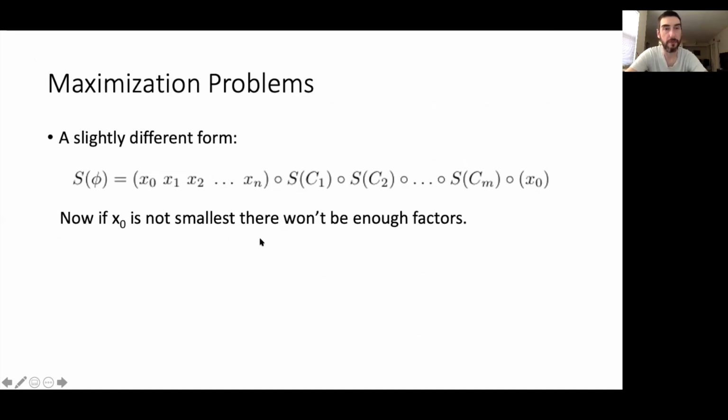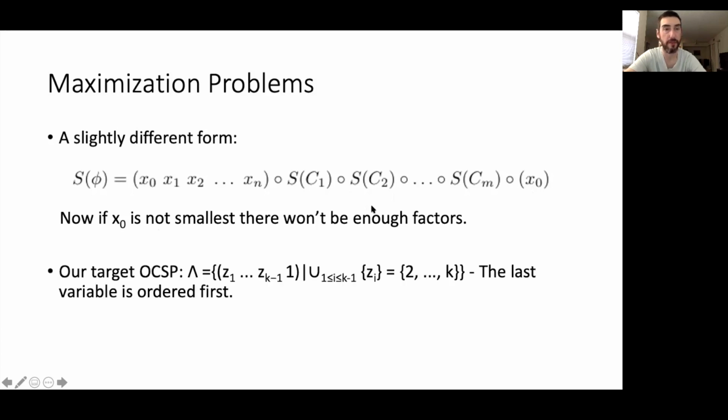And now, because it's a maximization problem, we want it so that if x0 is not the smallest symbol, there won't be enough factors being created. And that's what happens here. If x0 is not the smallest, then one of these other symbols will be. And what we'll find is there simply won't be enough factors being created within the other clause gadgets or constraint gadgets, which is what we're after.